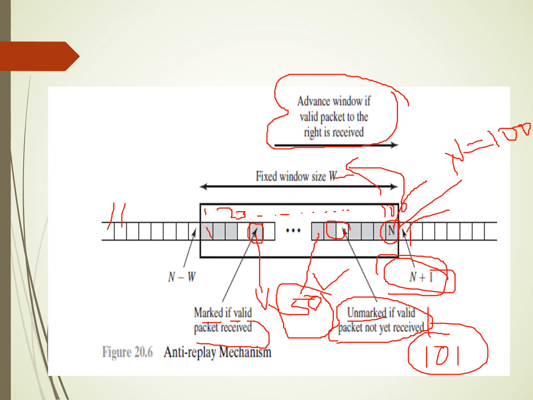The second time it is coming from the attacker, so the receiver will reject data packet number 50. This is how the anti-replay window works.